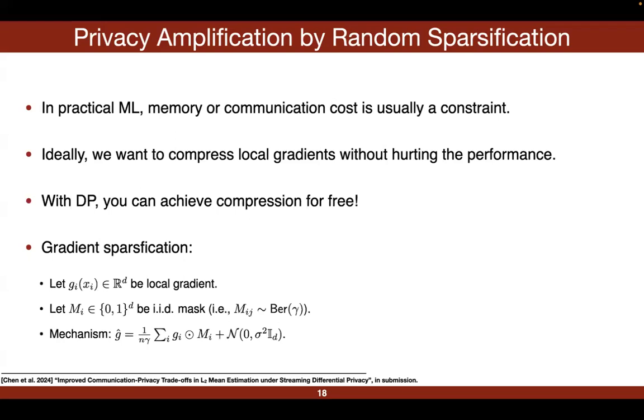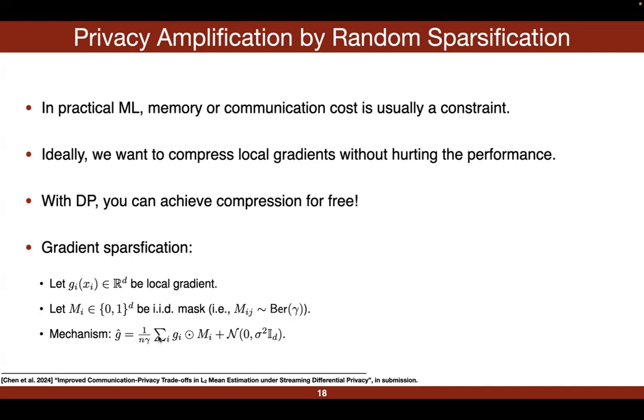One of the very useful approaches is gradient sparsification. These are the rough steps. Let's say we have a local gradient, which is nothing but a d-dimensional vector. Then we do the sparsification in the following way. We generate some IID mask, where each element in M_i is an independent Bernoulli random variable with rate gamma.